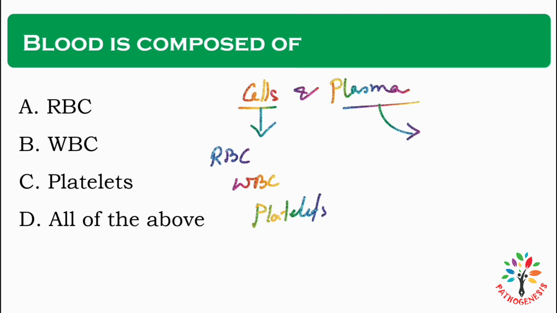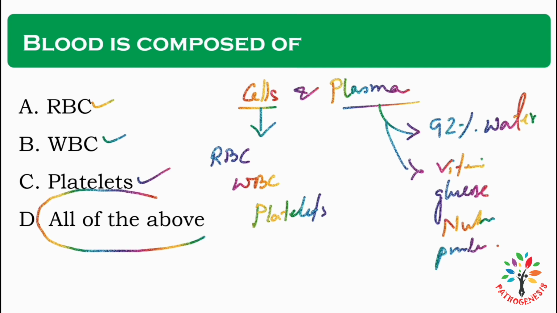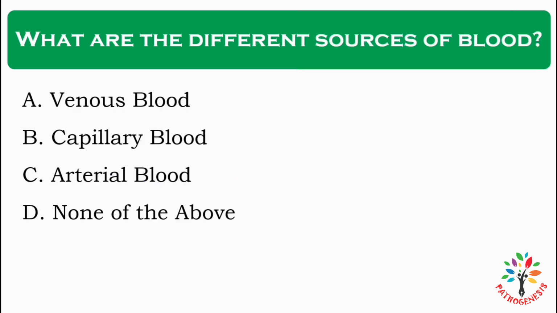Plasma is composed of around 92% water and the remaining are solutes. All the vitamins, glucose, nutrients, protein are present in the plasma. So blood is composed of RBC, WBC, platelets and plasma. We got options here: RBC, WBC, platelets and all of the above. The best option is all of the above.